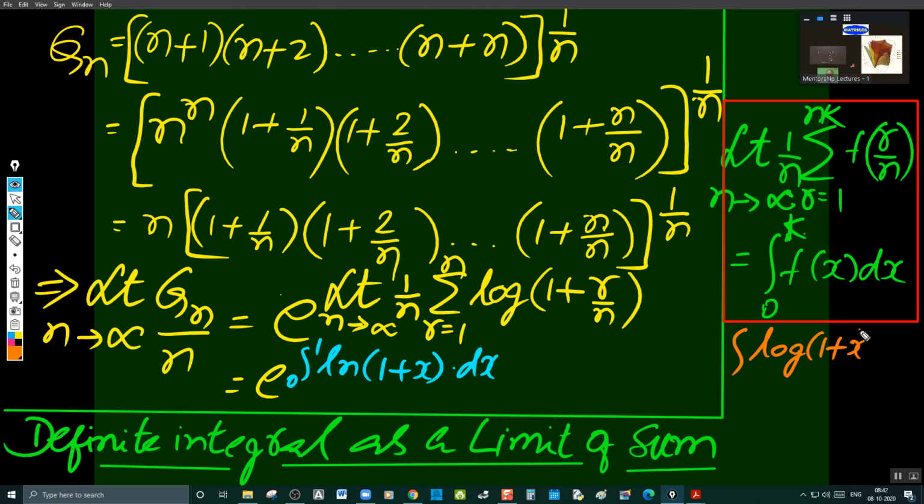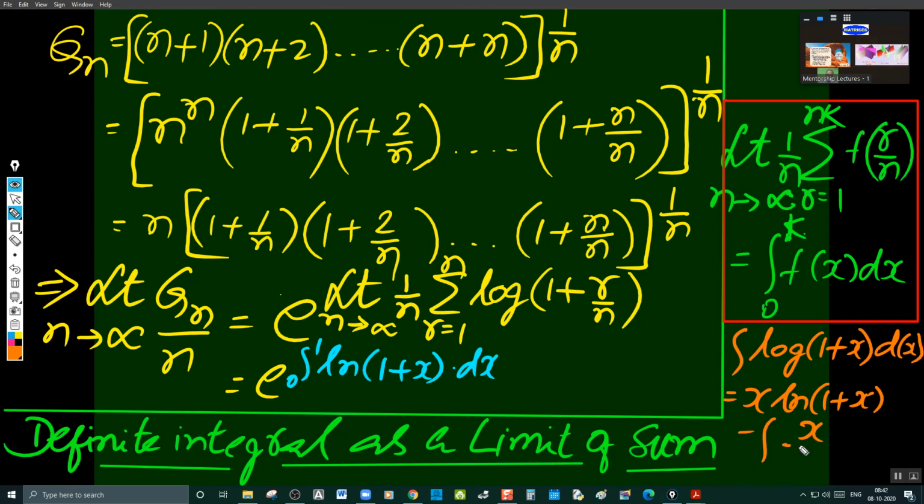Integral log of 1 plus x, you have to make use of the by parts formula. By parts formula, integral u dv is equal to uv minus integral of v du, x upon 1 plus x.